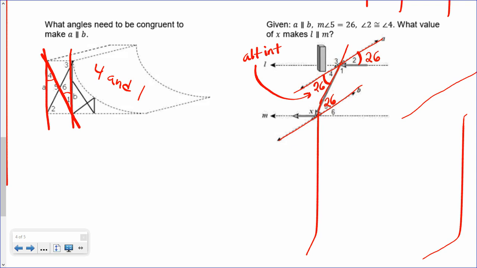Angle 1 is 154? I don't think so. 128. Alright. So listen. Stop talking, everybody. To get angle 1, I know that angle 1 plus angle 2 plus angle 4 should be 180. So it's a straight line. So that gives me 128.